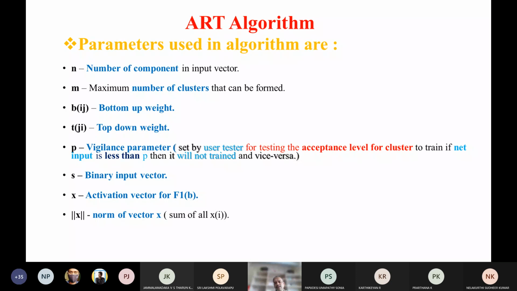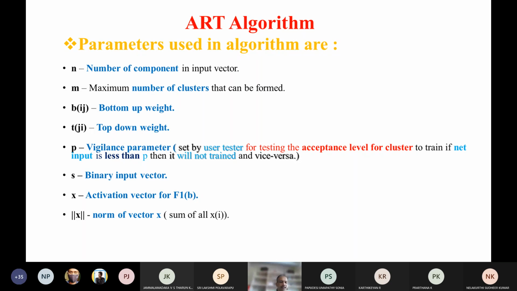So what are the parameters used in the ART algorithm? n is the number of components in the input vector, and m is the maximum number of clusters that can be formed. Bij is the bottom up weight. Rho is set by the user for testing the acceptance level for the cluster.